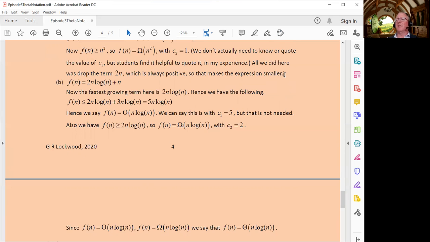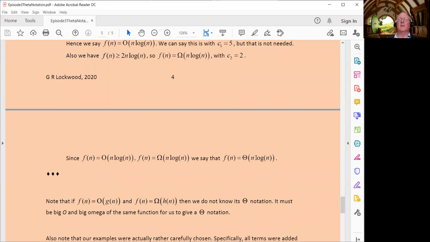And if you've got something that's, for example, 2 to the n, that's much worse. This one here, big theta of n log n, so it's growing around about n log n, and that gives us a way of comparing different algorithms with different kinds of growth.